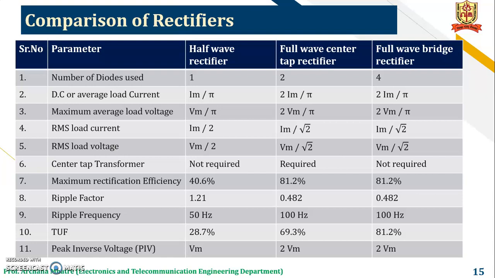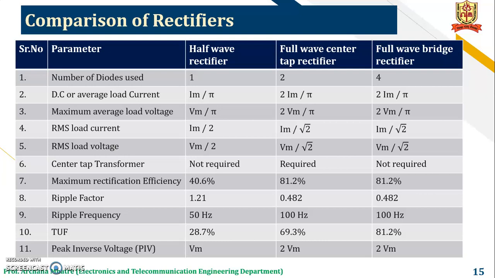Maximum rectification efficiency for the half wave rectifier is 40.6%, and for the full wave center tap and bridge rectifiers it is 81.2%. The next parameter is ripple factor. The ripple factor of the half wave rectifier is 1.21, while for the center tap and bridge rectifiers it is 0.482.